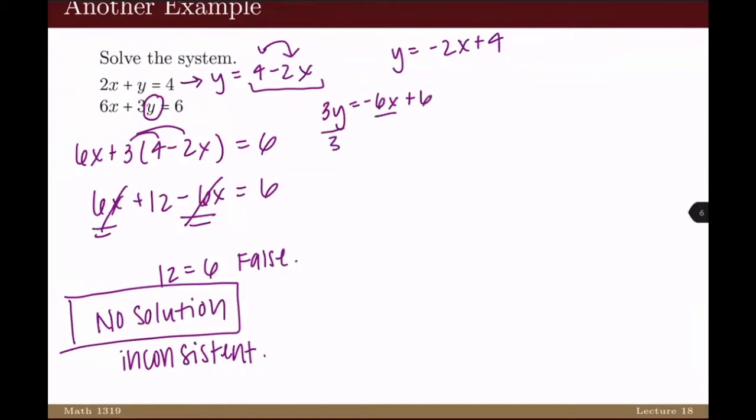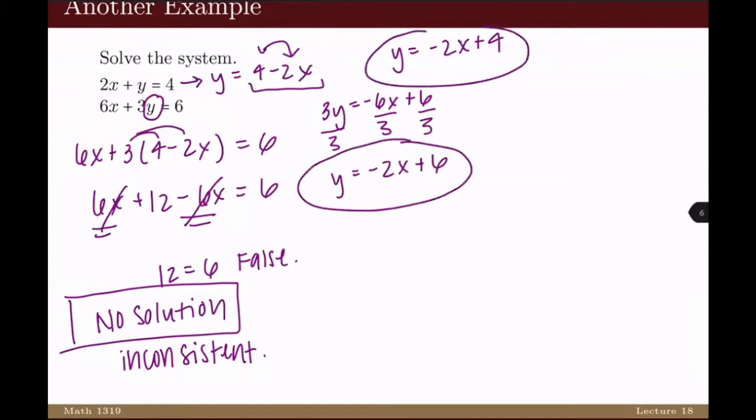If I divide everything by 3, I get y equals negative 2x plus 6. So my two lines in slope-intercept form are like this. If I were to graph these lines, my first y-intercept is 4, my other one is 6. We would notice that they are actually parallel lines.